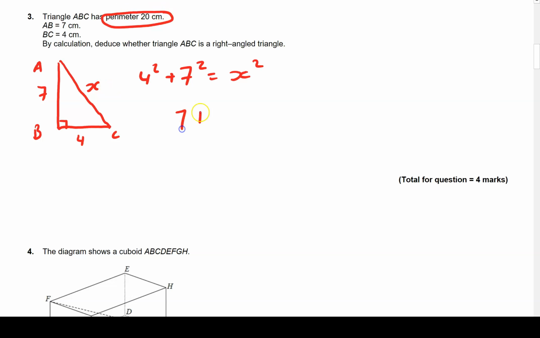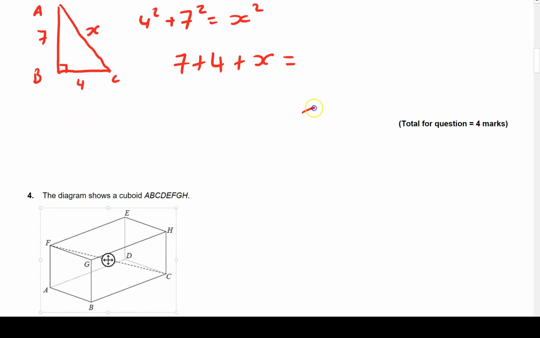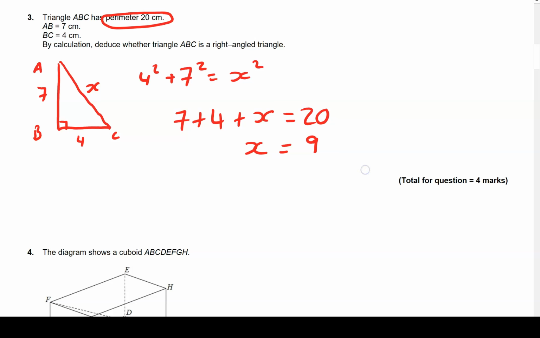So we know that 7 plus 4 plus something, which is our x, has to give us 20, meaning that our x is 9. So is that true? 4 squared plus 7 squared is 9 squared. So that is 16 plus 49 is equal to 81. Is that true? No. Wrong.